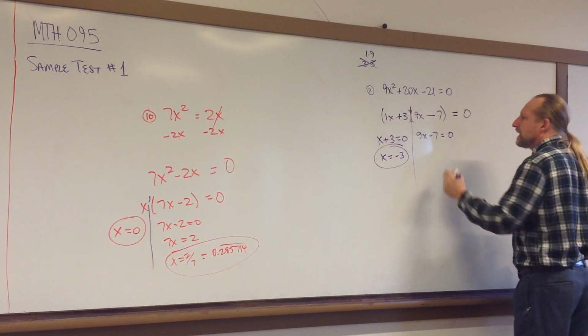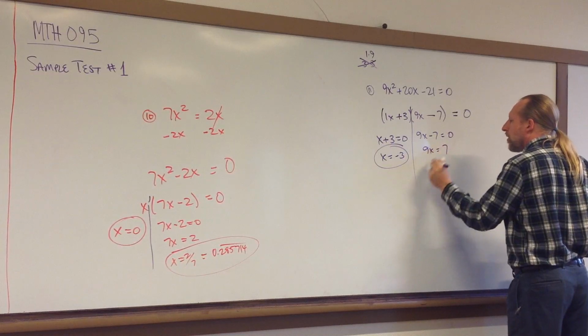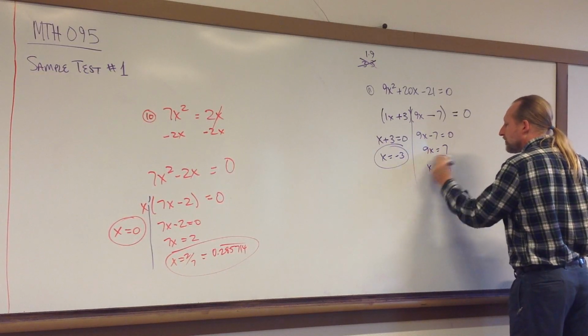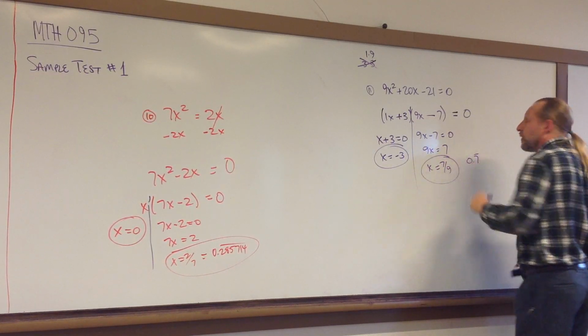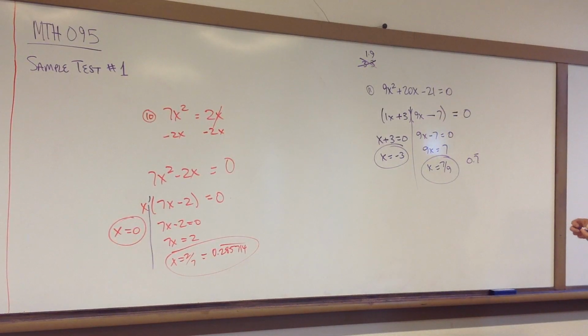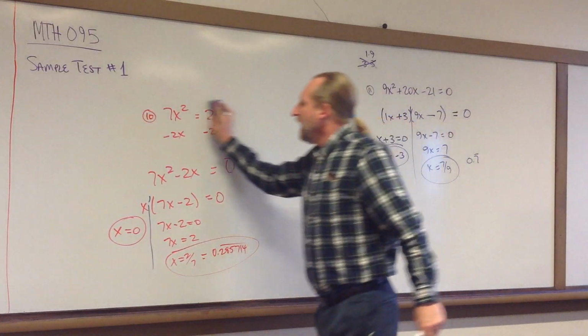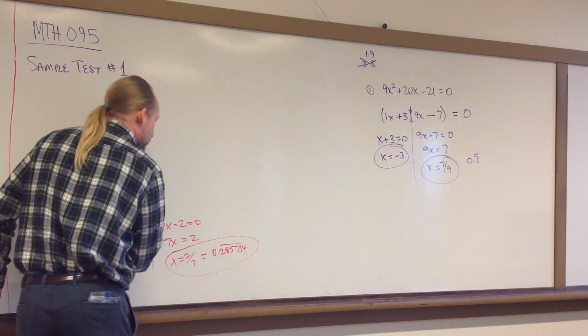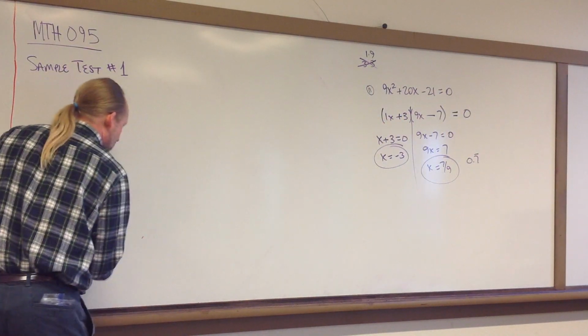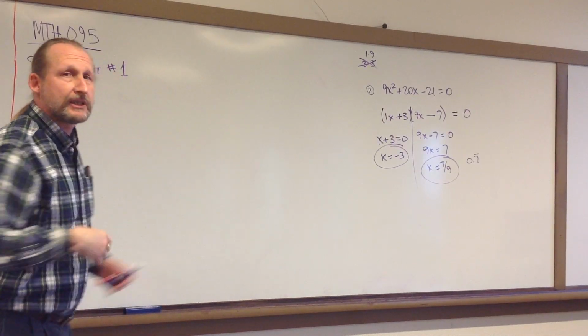So x could be negative 3, or x could be 7 over 9, which is 0.7 repeating, if you like decimals. All right, so there's problem 11. That one was probably the trickiest factoring that we've seen on the sample test so far.